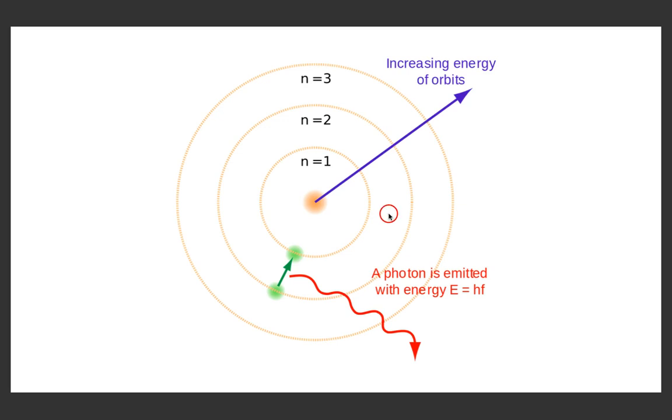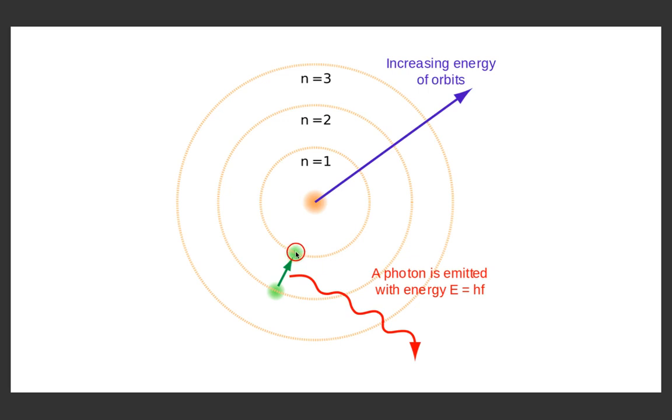And the second postulate said that the electron is stable whenever it's in a particular orbit, so it's not going to lose energy when it's residing in a particular orbit. The third postulate was about how the electron can jump between energy levels.